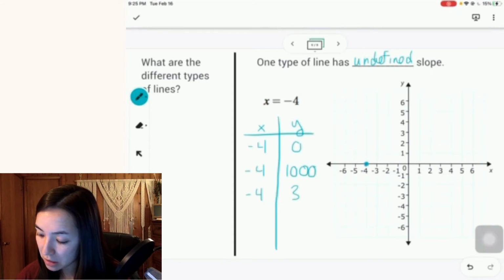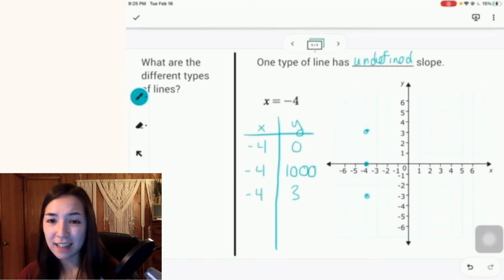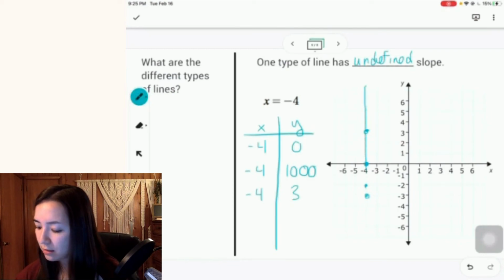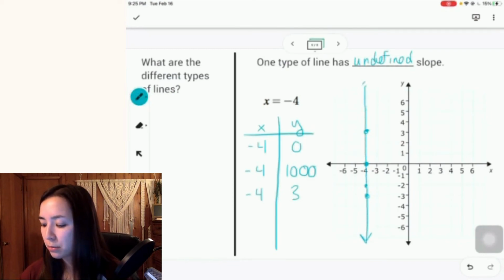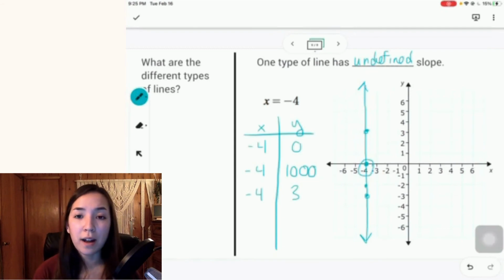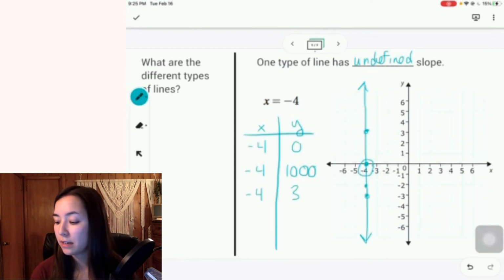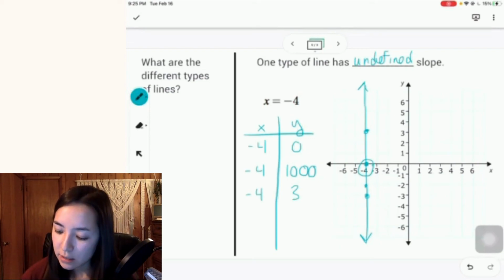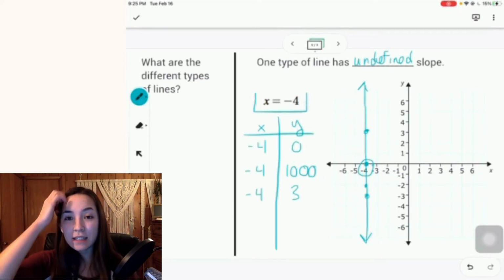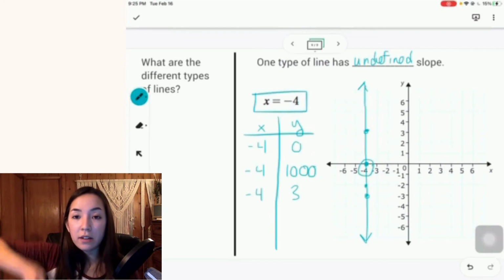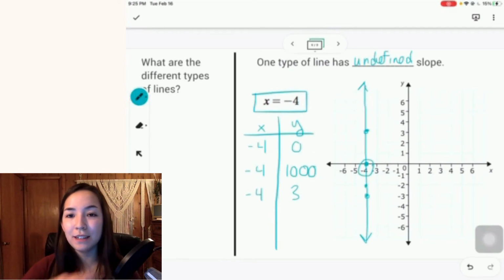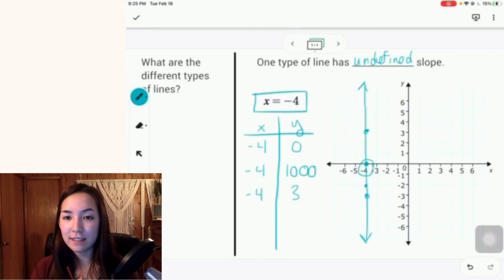So I'm just going to draw a bunch of dots where x is negative 4, and I can draw a line that goes through those points. It crosses at x equals negative 4 on the x-axis. So lines that are x equals something will be vertical lines. Lines that are y equals something will be flat lines.